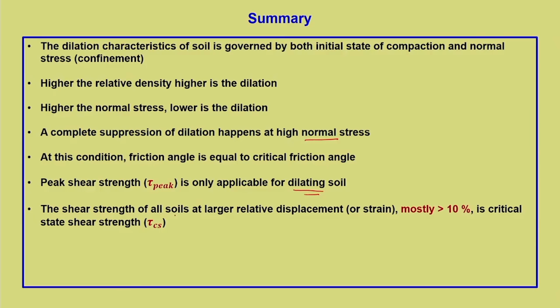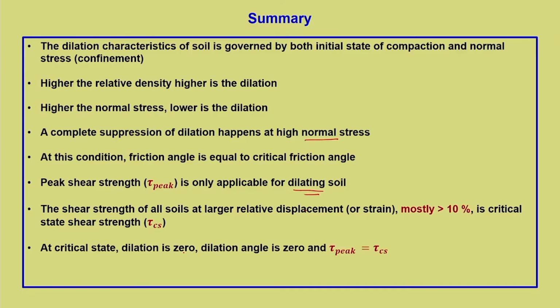The shear strength of all soils at larger relative displacement or strain, mostly greater than 10%, is critical shear strength tau CS. So, this is the kind of minimum guaranteed shear strength for a given material. So, whatever be the state, we will see that the soil of a particular type possesses critical shear strength, which is tau CS.